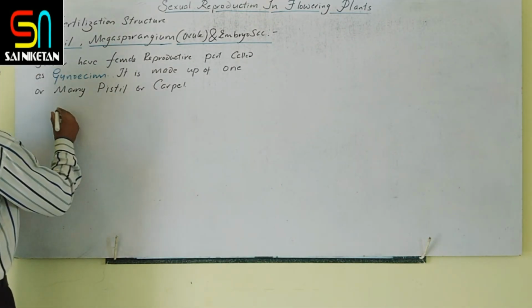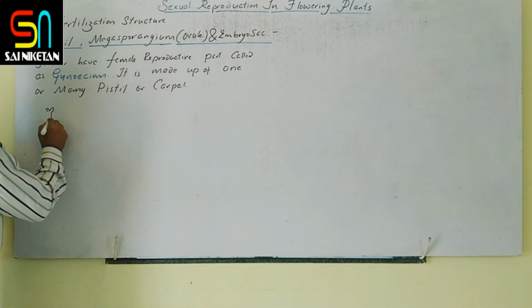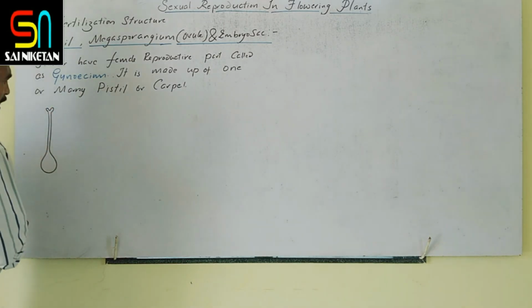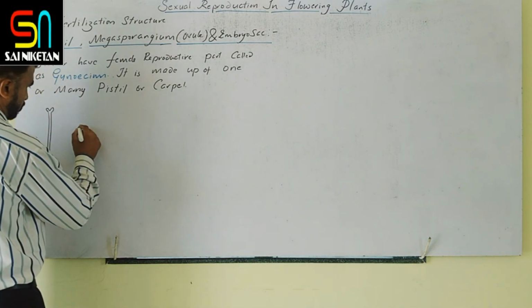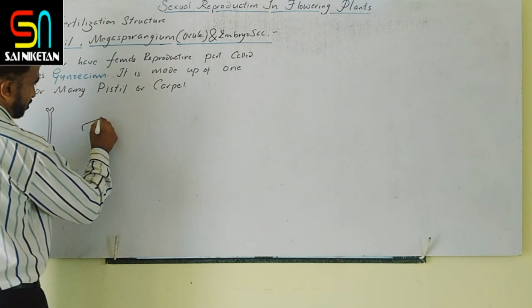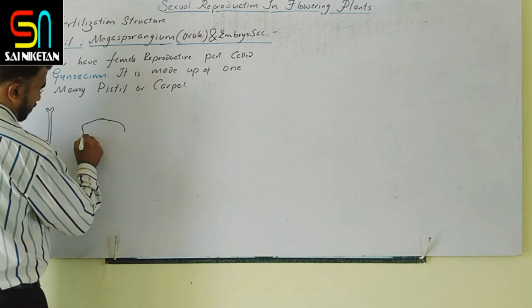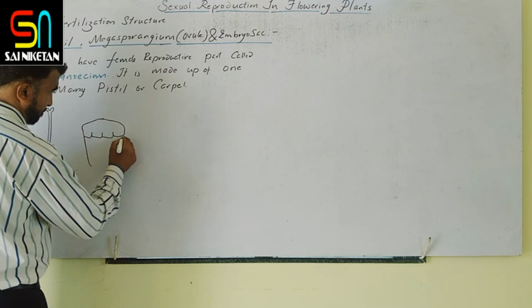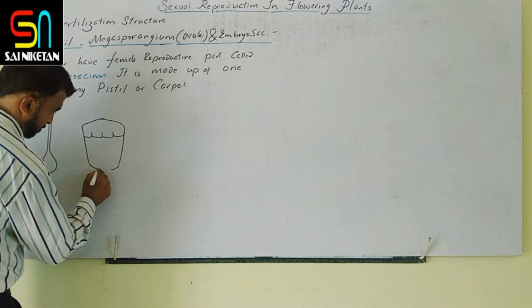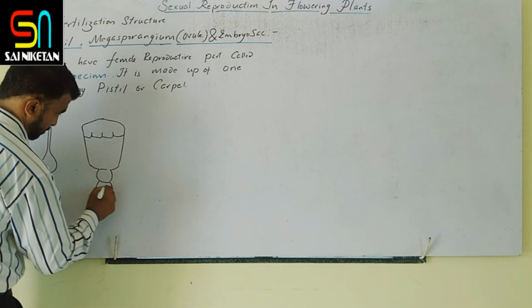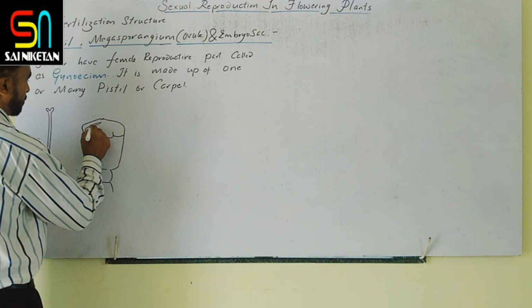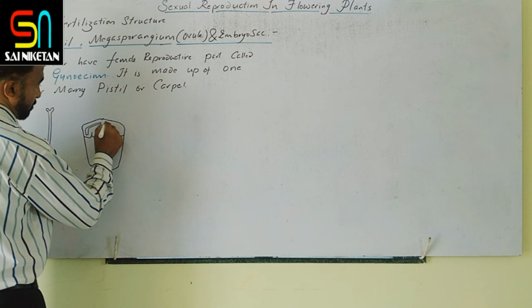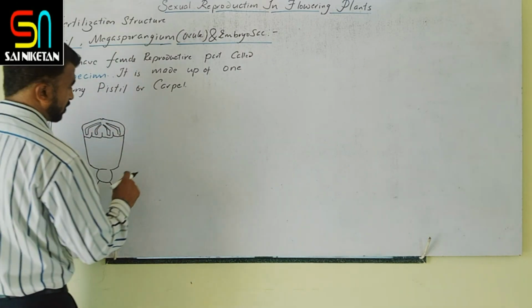The first figure is a typical gynoecium of hibiscus. One more figure given in the textbook is the gynoecium of papaver somnifera.